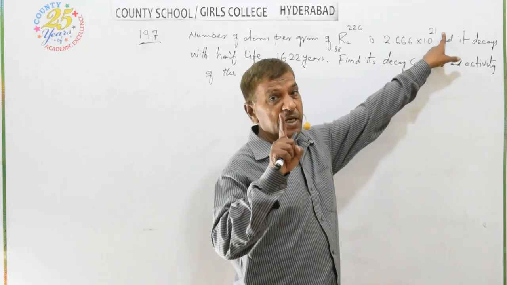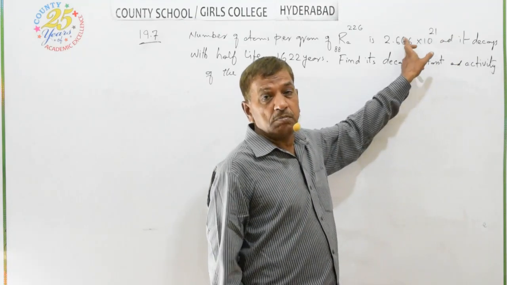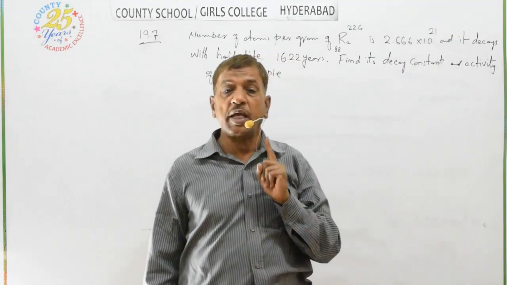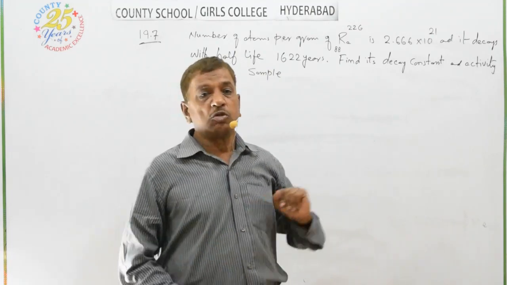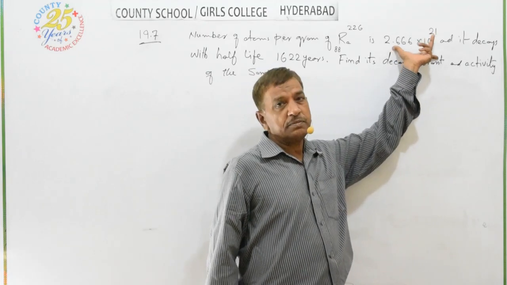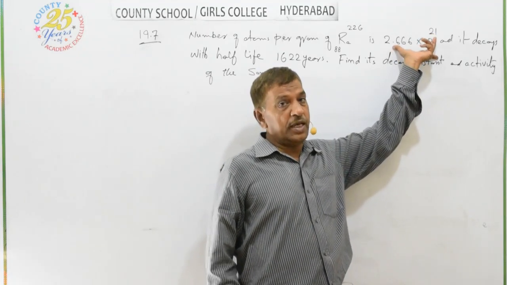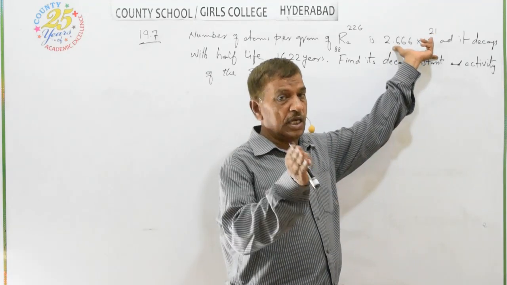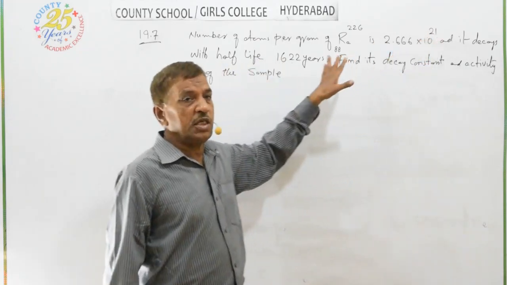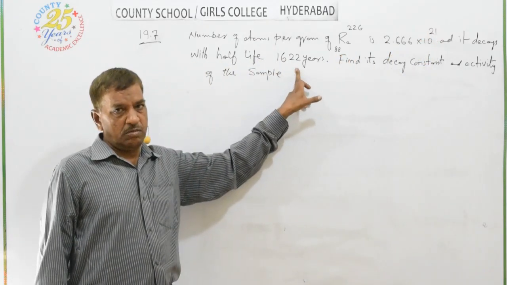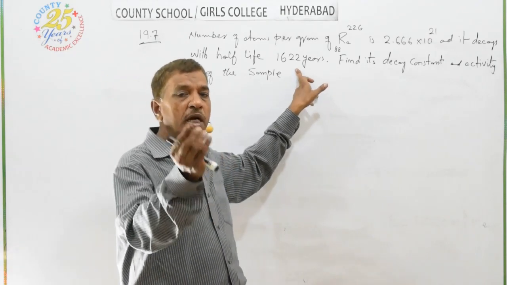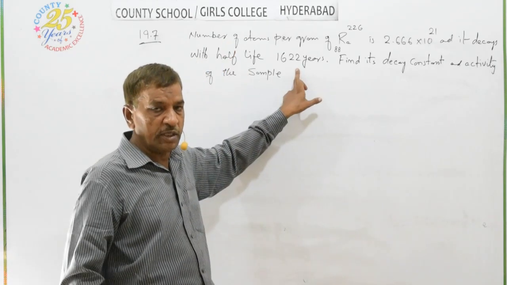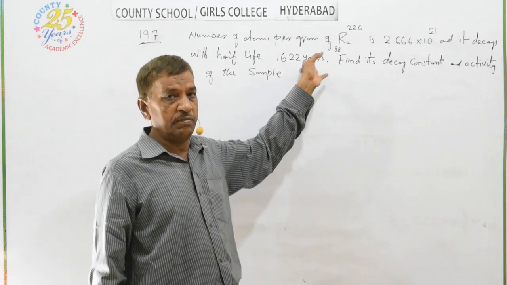This means radium contains 2.666 into 10 power 21 atoms in 1 gram. So this is the initial number of nuclei of radium, and it will decay with a half-life of 1622 years. After 1622 years, half of the nuclei will go into daughter nuclei, so that is the half-life of a radioactive element.